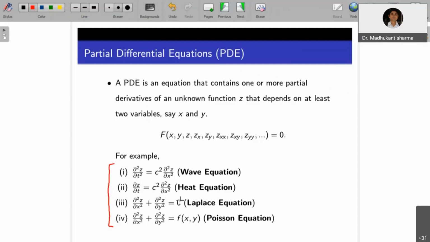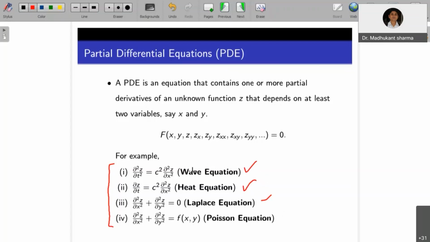A canonical form gives you a transformation which transforms the original second order PDE into a specific form. It may give you the wave equation, the heat equation or the Laplace equation, for which you very well know how to solve such problems. We are going to see that in detail.